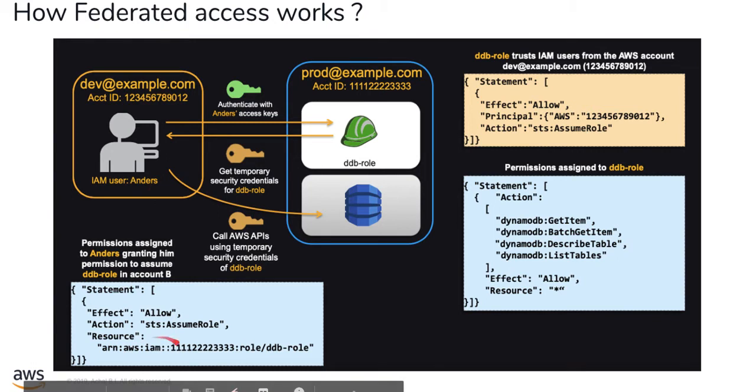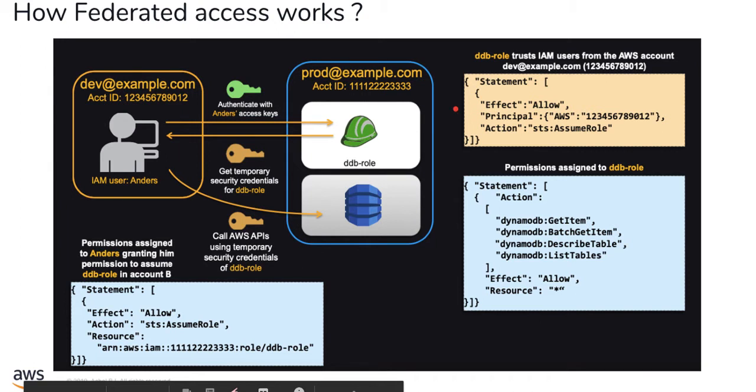If you see here, the role is assumed through STS. The user's account should have the STS assume role permission. Only then could he assume the role from prod.example.com. The role that this provides would be something like this.